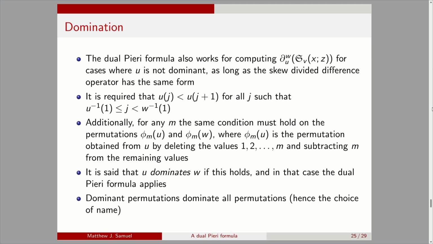Now, that condition must hold if we apply phi of m to u and w, where phi of m of u is the permutation obtained from u by deleting the values 1 through m and subtracting m from the remaining values. So if this relation holds between the two permutations u and w, then we say that u dominates w, and the dual Pieri formula applies. So I pick this nomenclature because dominant permutations dominate all permutations.